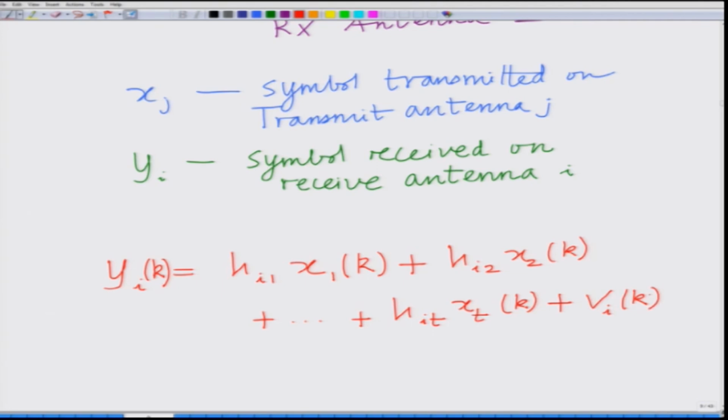So, this is the symbol received on receive antenna i, that is yi k is the symbol received on receive antenna i at time instant k.